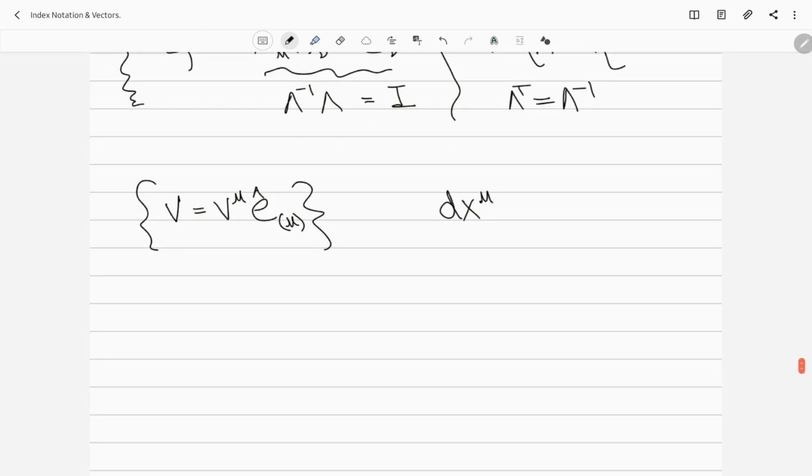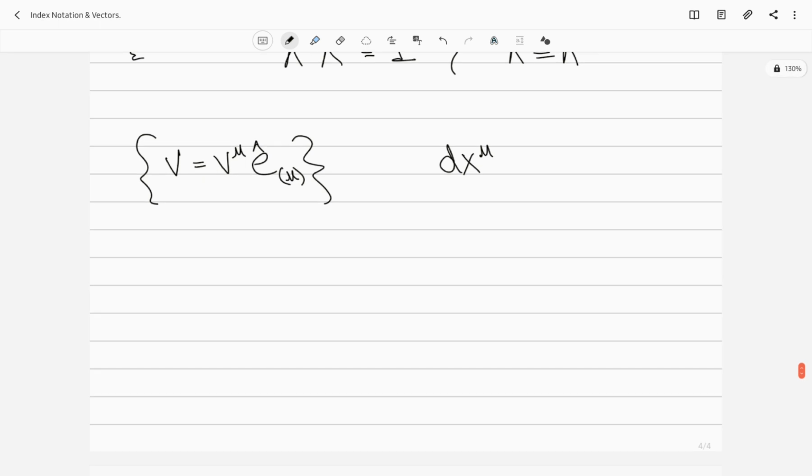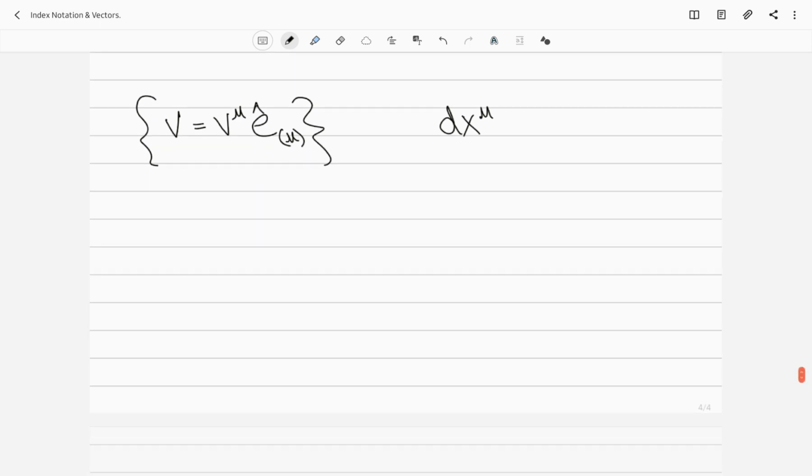So now let me write down the transformation law for vector components and basis vectors. We have v is equal to v mu e hat mu, where this is your component and these are your basis vectors.